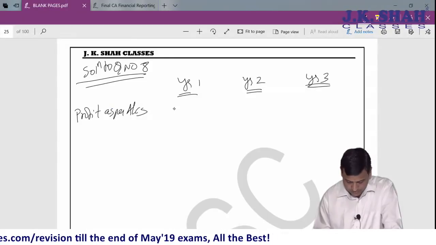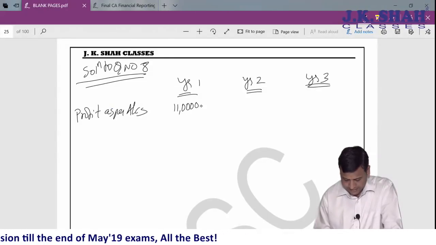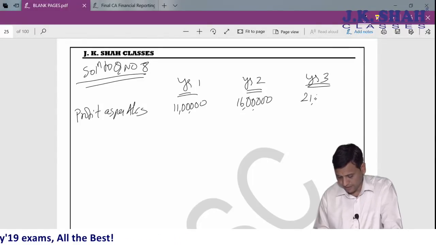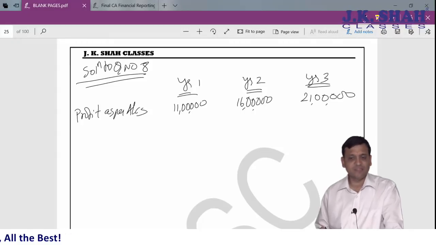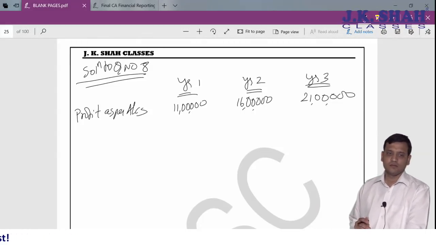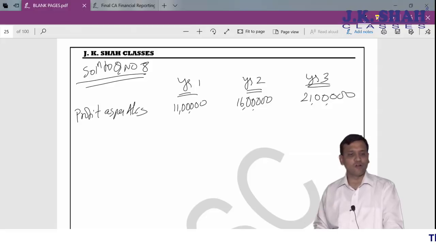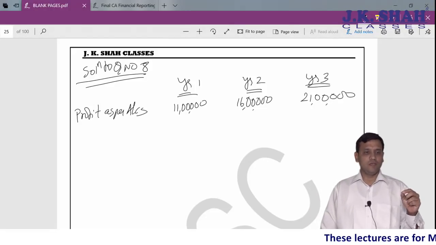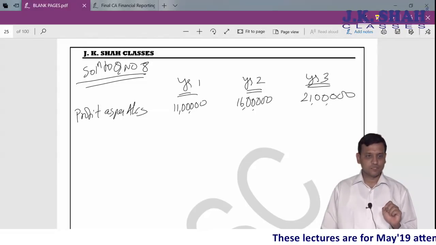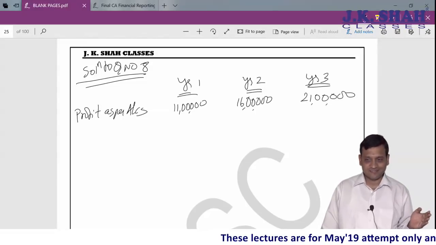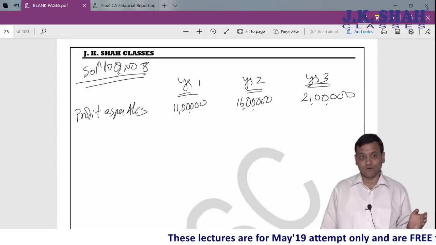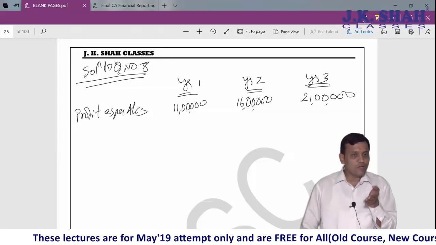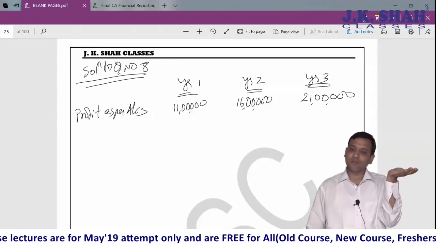Do you agree? 11 lakhs, 16 lakhs and 21 lakhs. Now see, this is the profit. It means the entry which I would have passed for my contract, can I say entry would have been: income is getting credited. So something would have been debited. The contractor will debit an account. The person who has given the contract, who gave me a work, says sir, build a building for us. I say okay, I will build it.